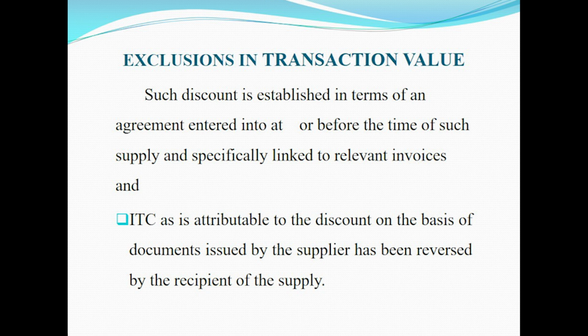And the next important point to be remembered is ITC, that is input tax credit, which is attributable to the discount on the basis of documents issued by the supplier. Now, what is this ITC? Input tax credit is nothing but the credit claimed at the time of the purchases.